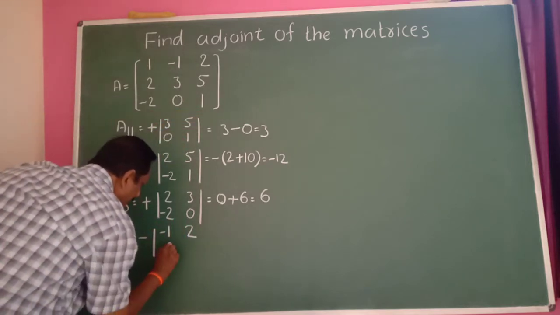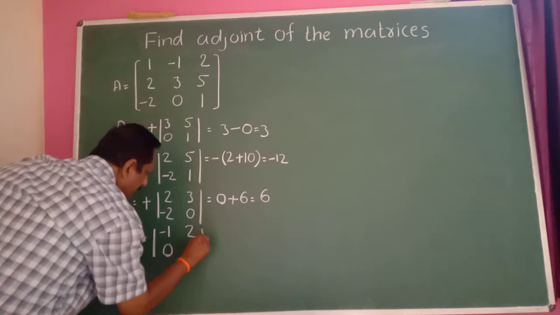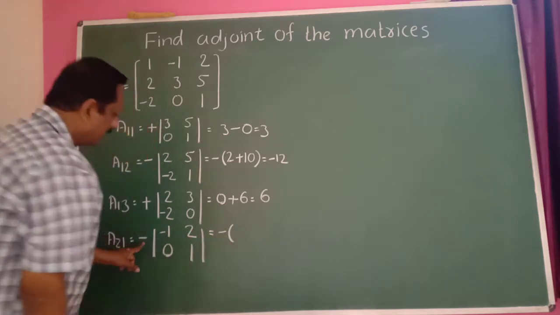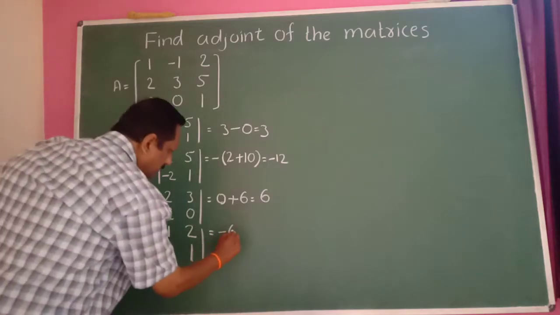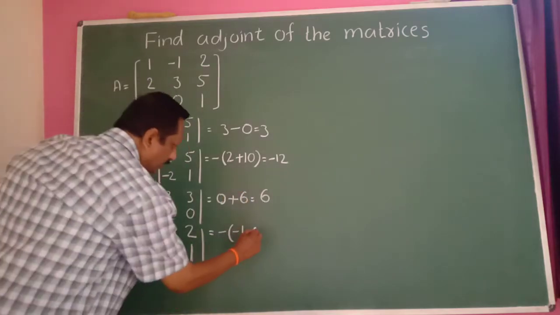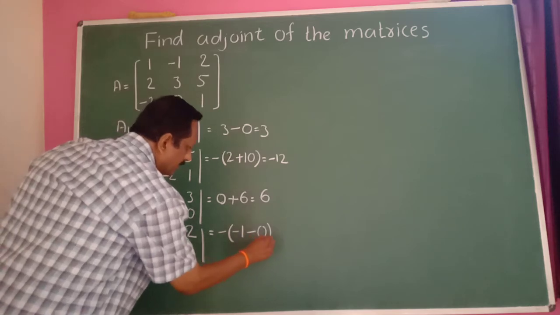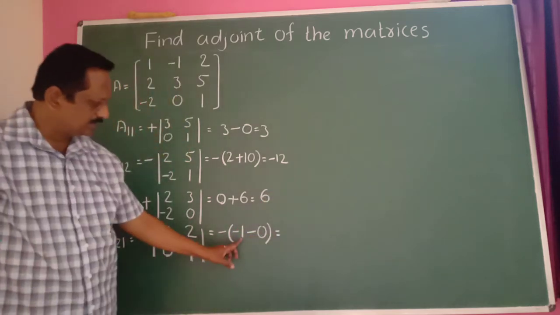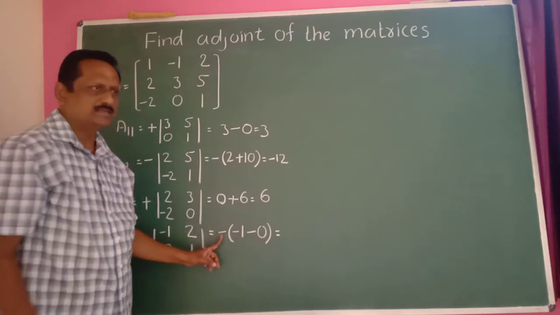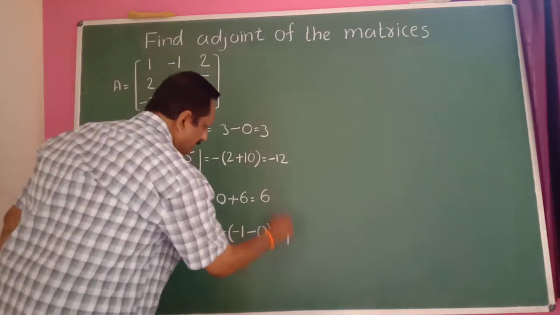So minus sign is there. Minus 1 into 1 becomes minus 1, minus 0 into 2 becomes 0. Therefore minus 1 minus 0 is minus 1 itself. Minus of minus becomes plus, so it is plus 1.